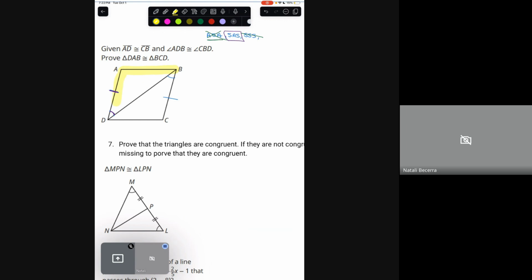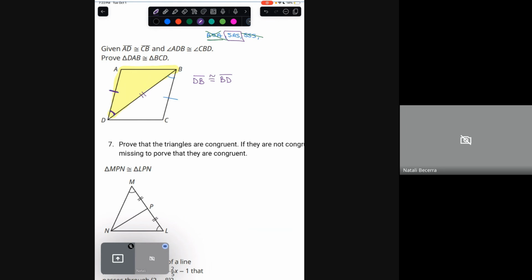So I'm focusing only on this triangle right here. So if I read it, I have side, angle, and I need a side. Well, I can tell here that they share DB. DB is congruent to BD. They share this side.